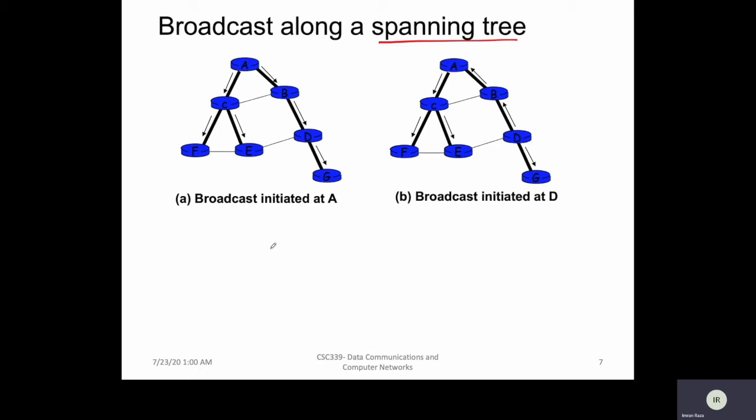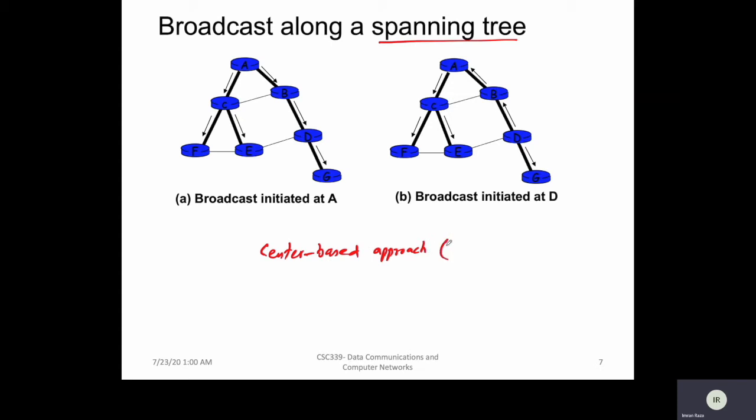So the spanning tree can be of two types. Either we can construct a tree using the center-based approach, where there is only one tree for the whole graph, and the center node is also called the core node, or rendezvous point, or core, right?